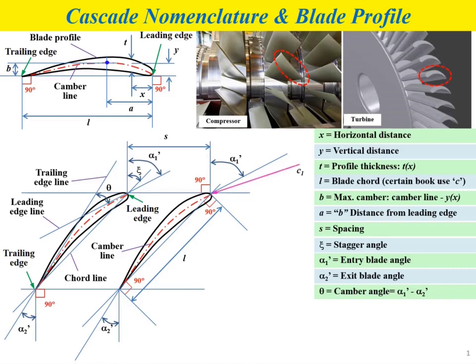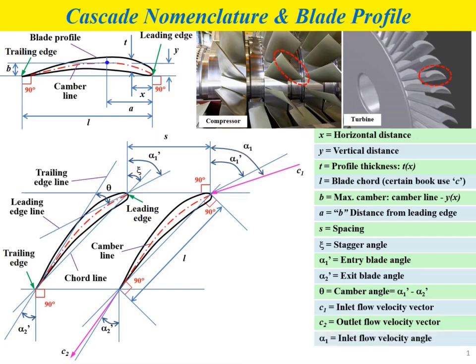Okay, so now we need to consider the fluid velocity vectors, where C1 is the inlet flow velocity vector and C2 is the outlet flow velocity vector. The angle between C1 and the vertical line at the leading edge point is referred to as the inlet flow velocity angle, represented by alpha 1.